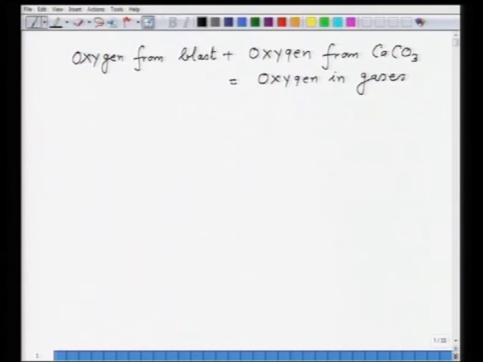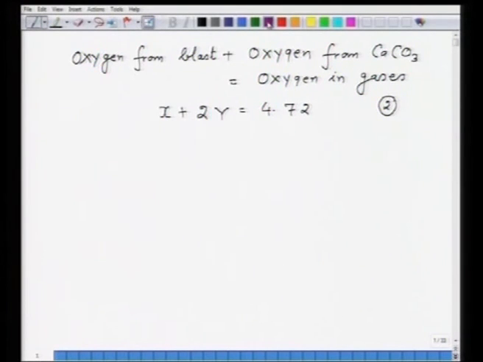Now, I will just write it in terms of the equation. So, the equation becomes x plus 2y equal to 4.72, and this is our equation number 2.